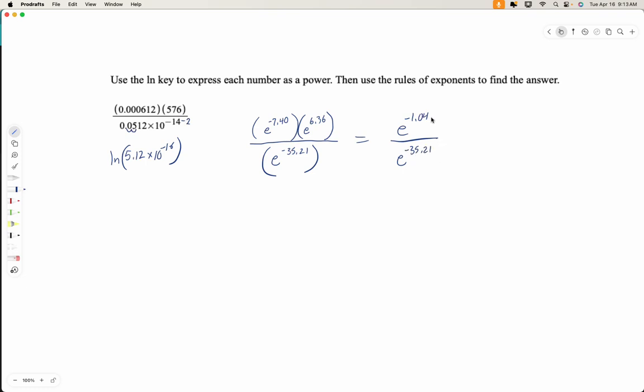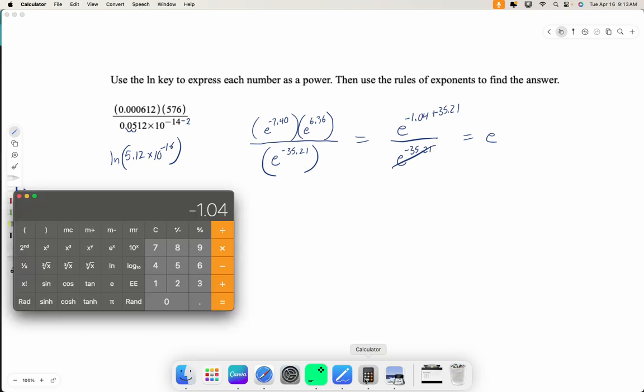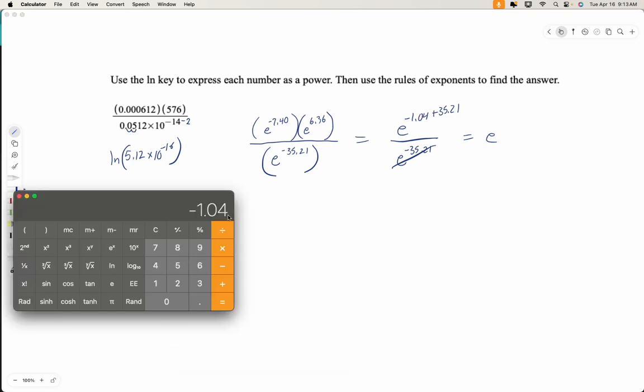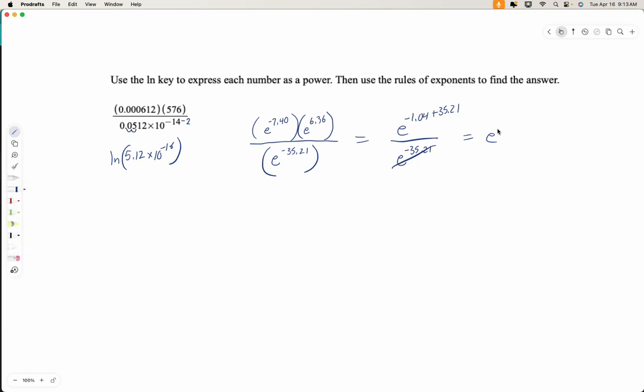Now when we bring this to the top to solve, because they're the same base, this becomes a positive 35.21, right? So our answer is going to be E to the negative 1.04 plus 35.21, which is 34.17. So E to the 34.17. That is your answer.